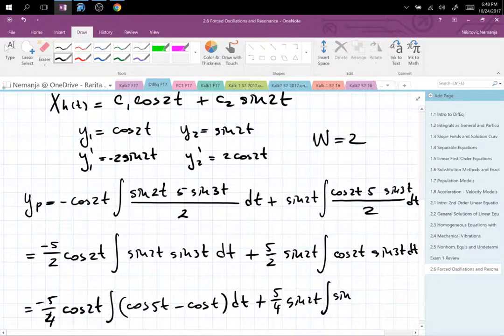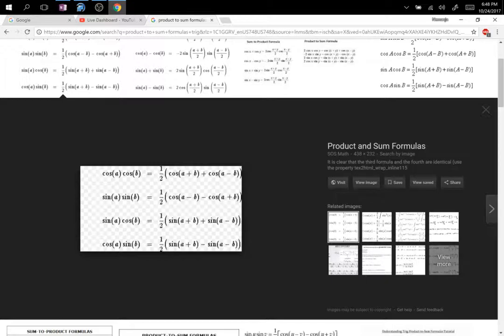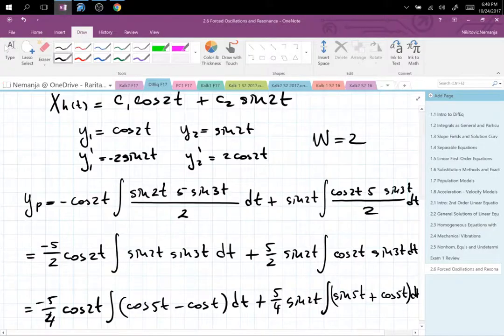So sine of 5t minus, when you subtract these two, it becomes plus sine t, dt. One more time to verify that. So cosine sine, sine, negative sine. Yeah.